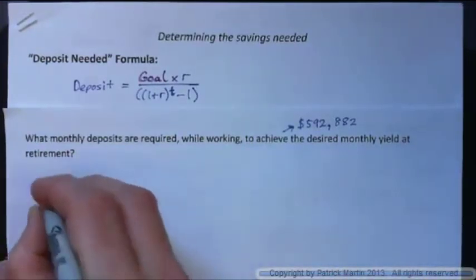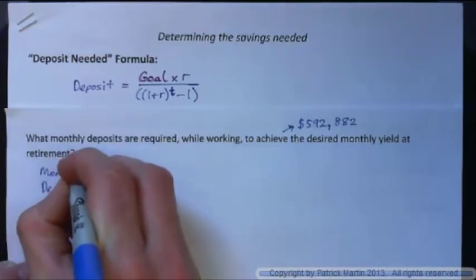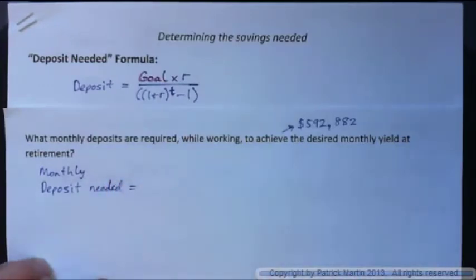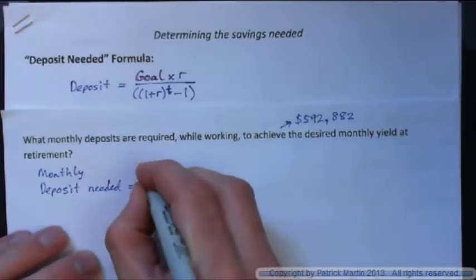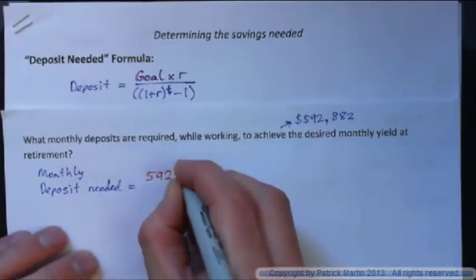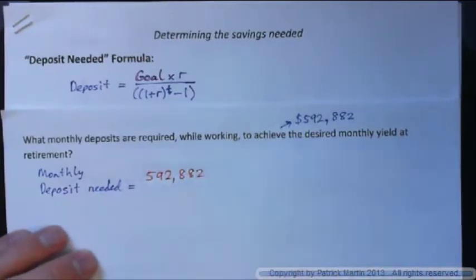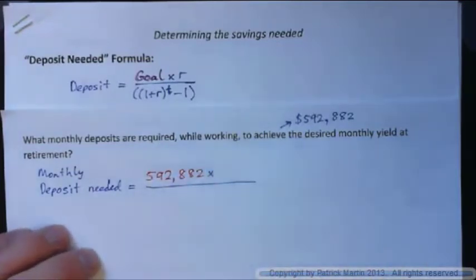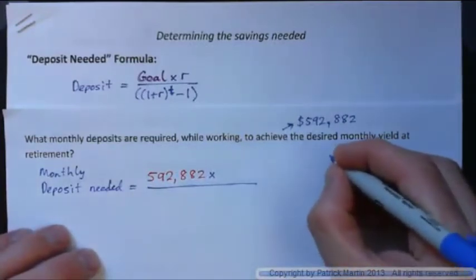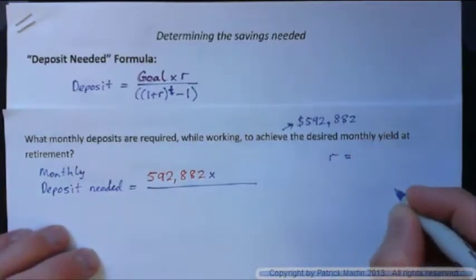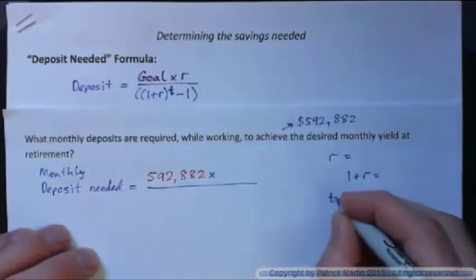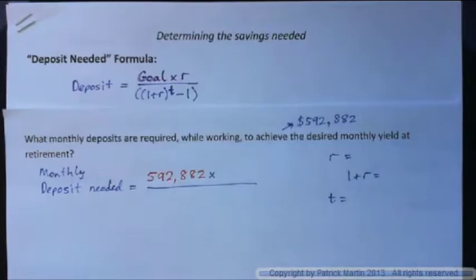So the monthly deposit needed equals the goal, and our goal is $592,882 times R all over this thing. Now what we have to do is calculate R, the monthly interest rate, and then get 1 plus R, and of course we have to calculate T and understand what that means.